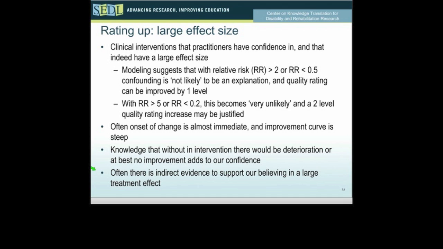If the relative risk is even larger on the one hand or smaller on the other side of the scale, larger than 5 or smaller than 0.02, it's very unlikely that confounding is an explanation, and you may be justified in rating up the quality by 2 levels.